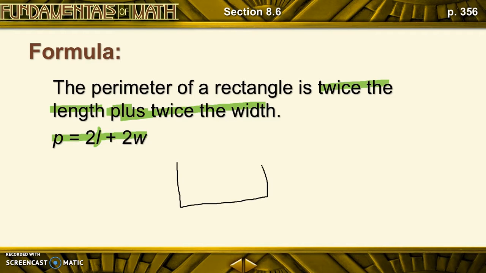If we were to draw out a rectangle, it would make sense because there are 2 sides here that are the same, and these 2 sides here are the same. It does not matter if you call this the length and this the width, or if you call this the width and that the length, as long as you stay consistent whenever you're talking about these.